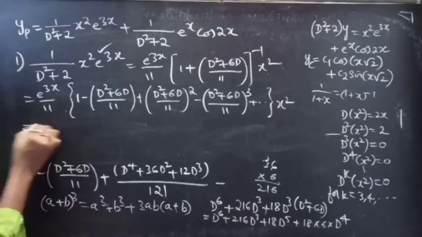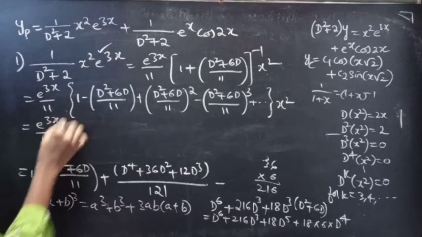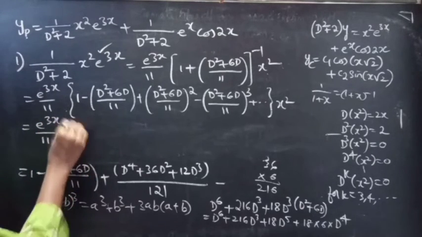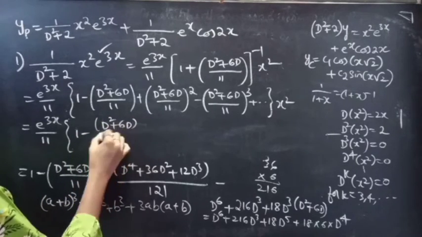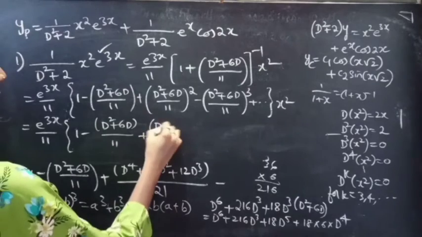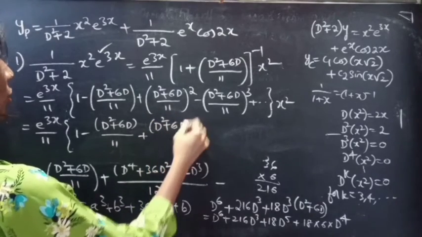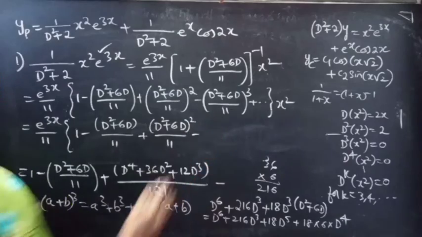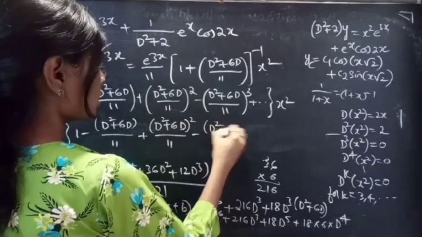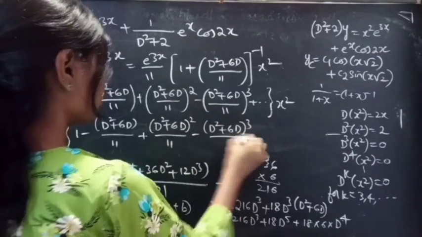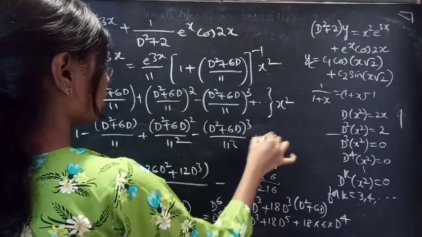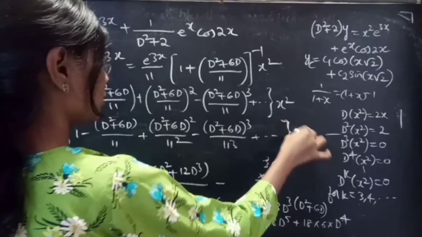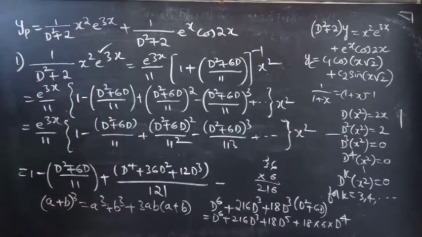Now again this becomes e power 3x by 11 into 1 minus (d square plus 6d) by 11 plus (d square plus 6d) whole square by 11 square minus (d square plus 6d) whole cube by 11 cube plus so on, into x square, right?